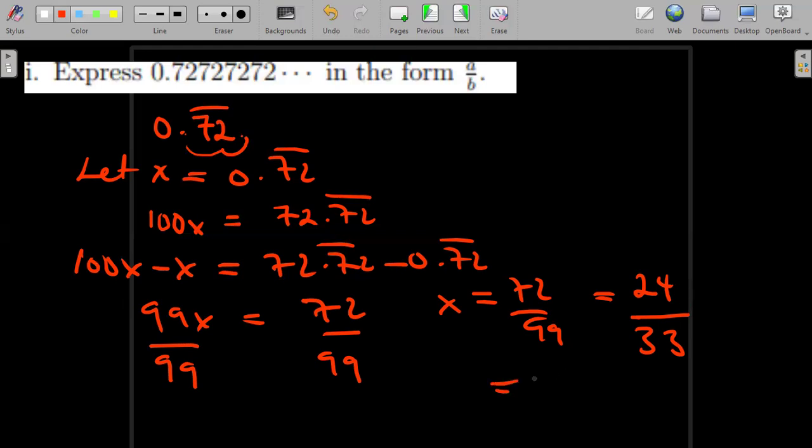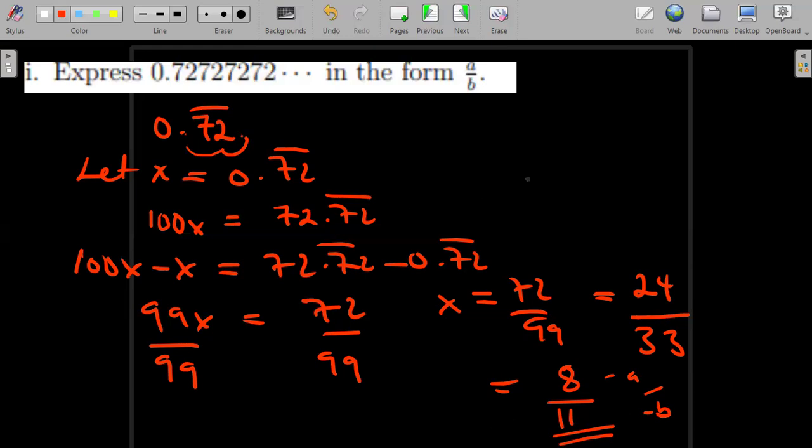So 3 in the numerator gives you 8. 3 in the denominator gives you 11. So this here is going to be your final answer. So you've rationalized this in the form a over b. And from this here, we can see that a and b, so a on top, b down there, have no common factors. So which satisfies that this indeed is a rational number.